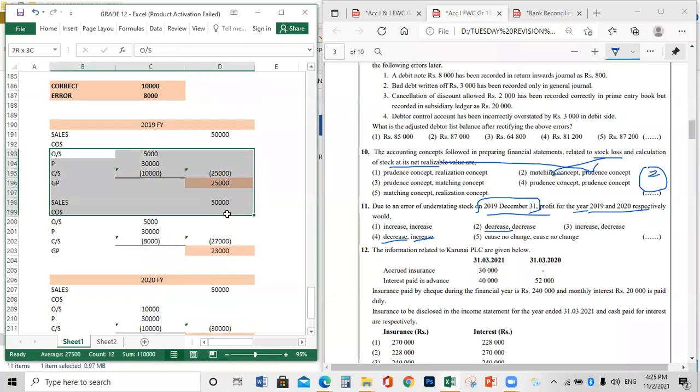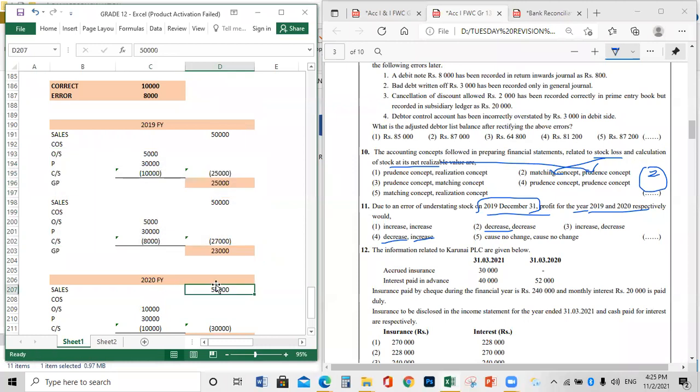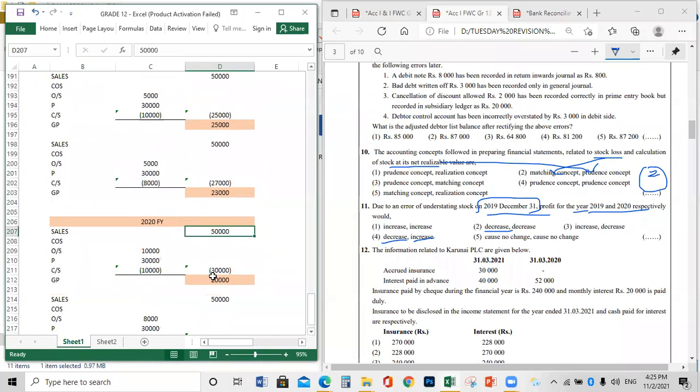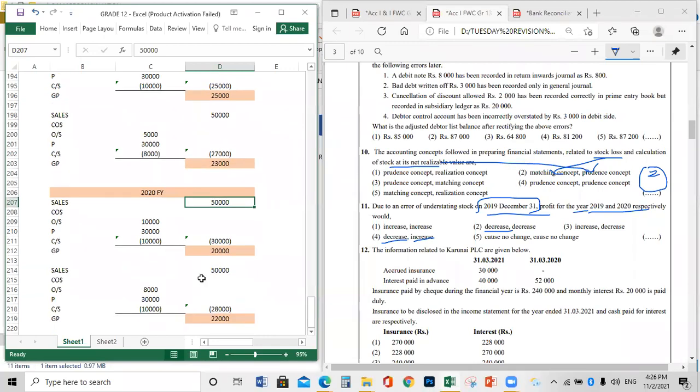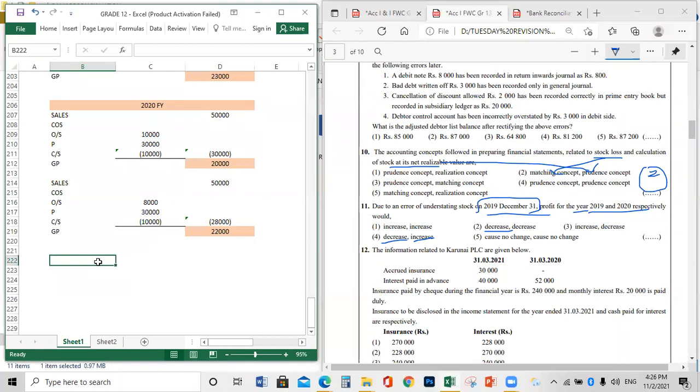In 2019, profit is decreasing. Can you all tell me the relationship? I want you all to tell me the relationship. I'll just give you the values. What I'm asking is the relationship between opening stock, closing stock, and purchase.